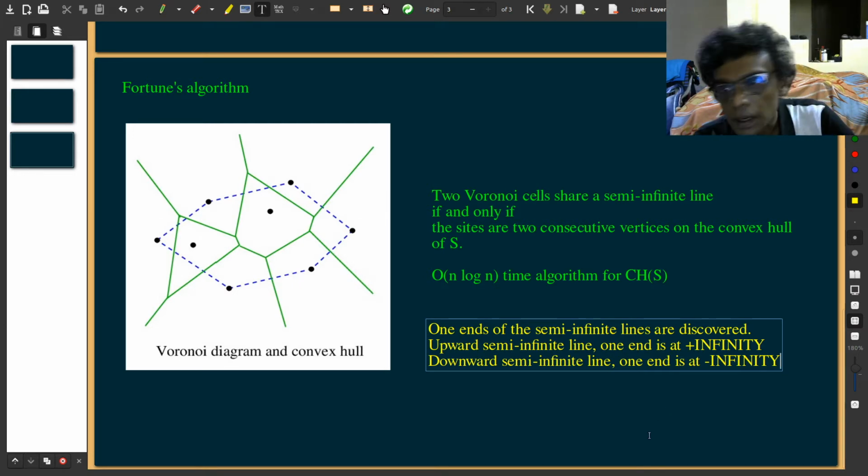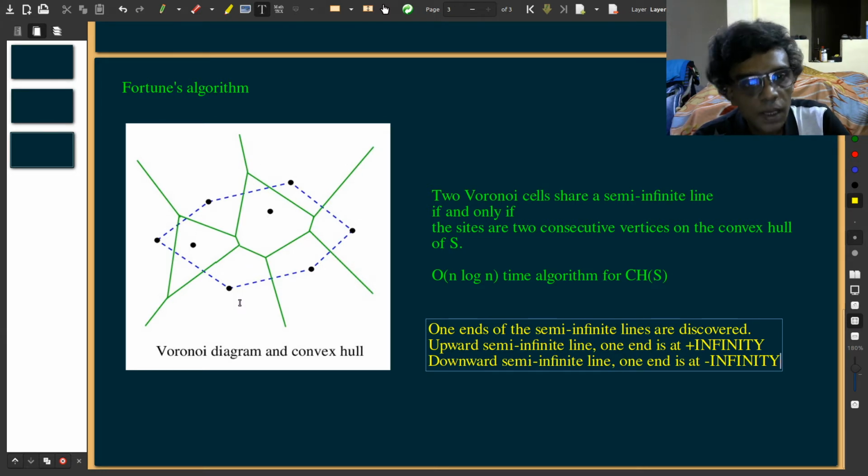At the last stage I will put some value at plus infinity. So I start by assuming that they are starting from plus infinity or from minus infinity. And then I will run Fortune's algorithm. I will detect these finite points in a direction from top to bottom.